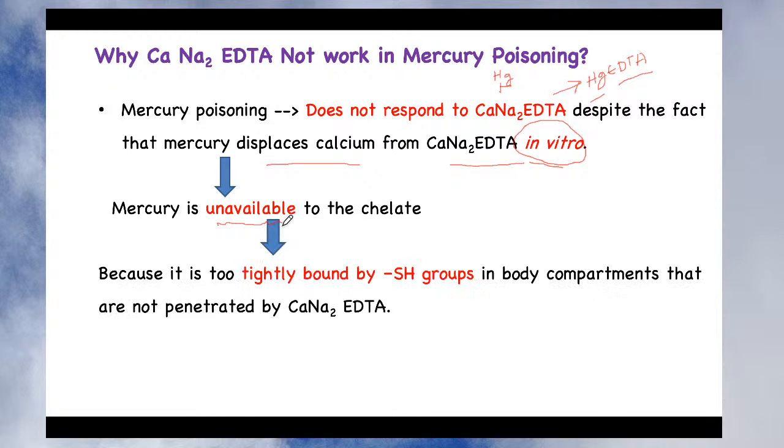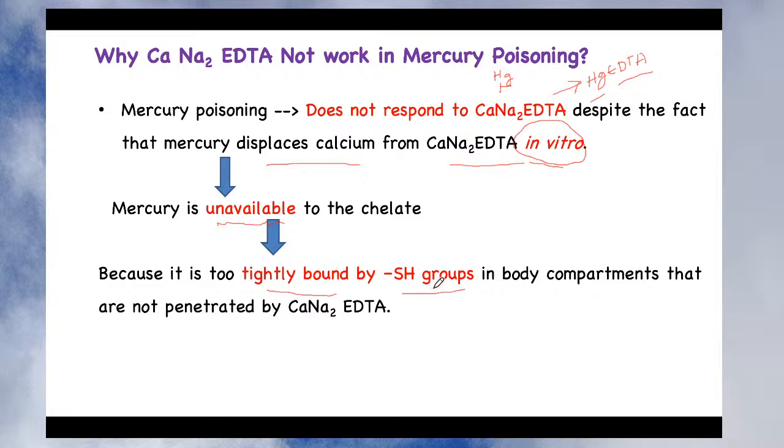When it is given to the patient, the mercury is present in a tightly bound form to the SH groups in our body compartments. The SH group is present in our body tissue. Immediately after going into the body, the mercury forms a very tight complex with the SH groups of our body.